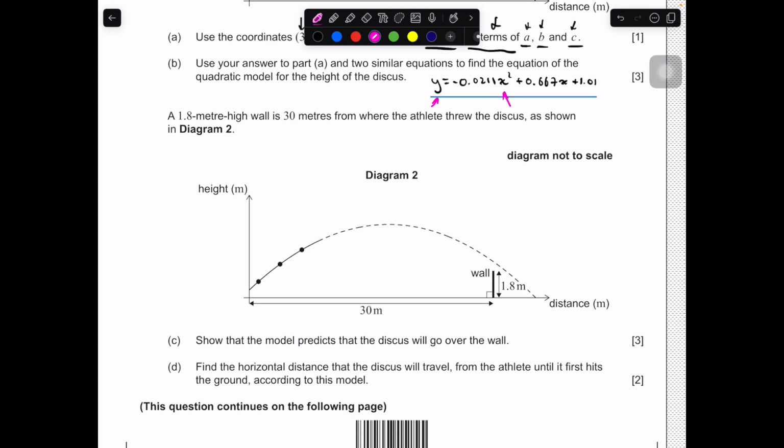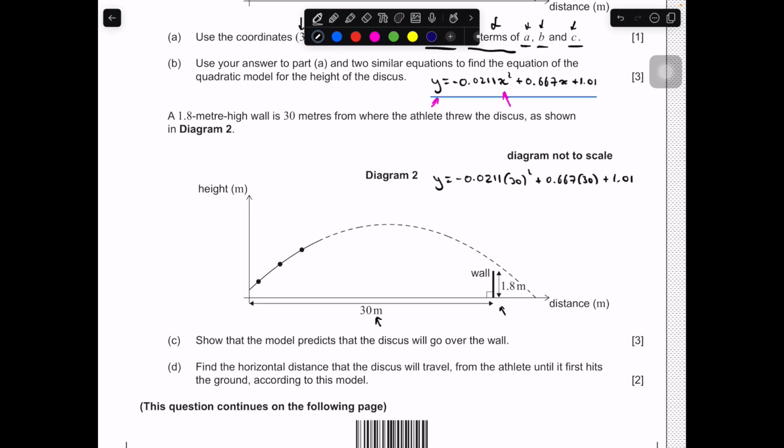So we want to ensure that when we are 30 meters away, we're at least 1.8 meters high. So let's find the height when we are 30 meters away. Negative 0.0211 times 30 squared plus 0.667 times 30 plus 1.01.